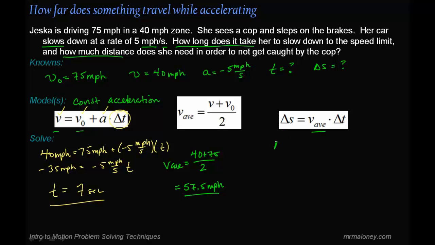So the distance she travels is going to be her average velocity, 57.5 miles per hour, times the time she was traveling for, 7 seconds, which gives us an answer of about 403 miles. So some might say, hey, wait, whoa.